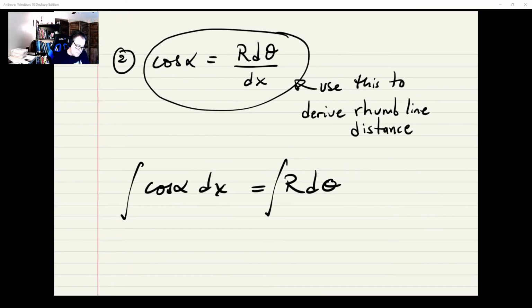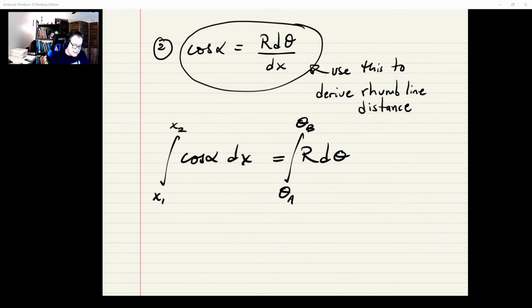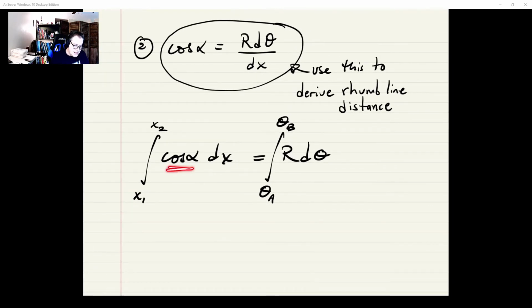On the left-hand side, we're integrating from some initial point x1 to some terminal point x2, like point A to point B. And on the right-hand side, we're going from the initial latitude, theta A, to the terminal latitude, theta B. In both of these integrals, cos alpha is constant with x, so you can factor that out, and r is a constant, so factor that out.